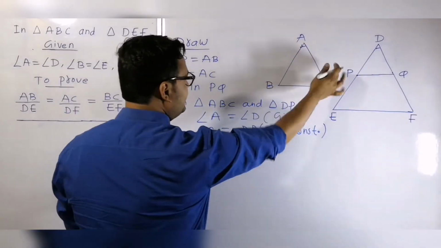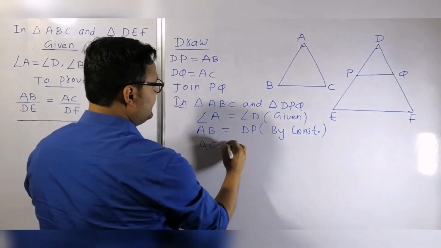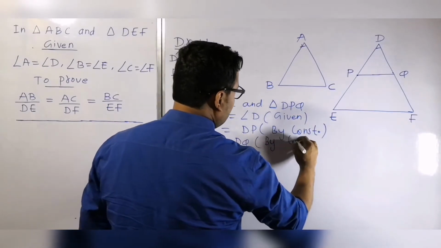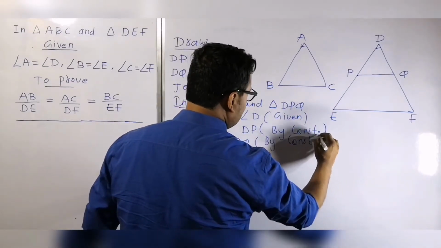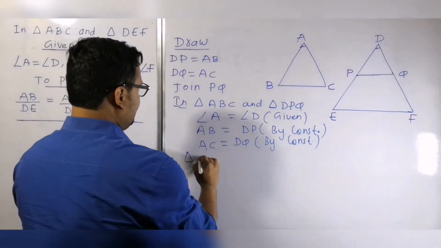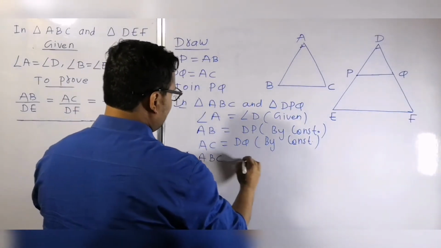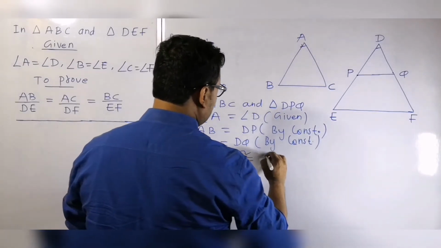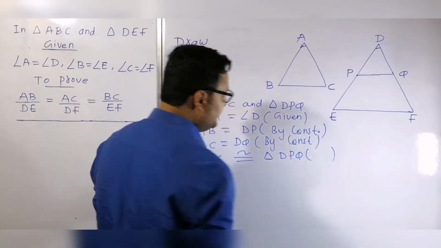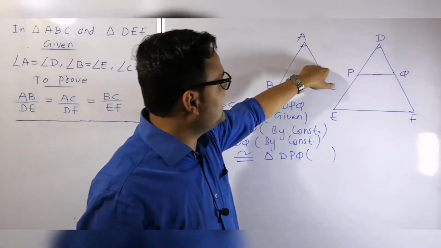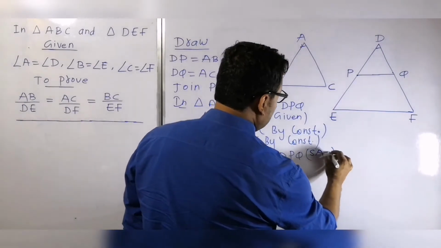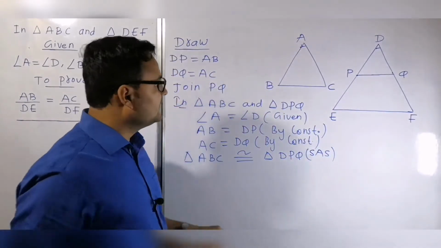Then again this AC equal DQ, that is also by construction. Now what we got? So we can write here triangle ABC congruent to triangle DPQ. Now how are they congruent? There are two sides and one angle, so I can write it as side angle side congruency.